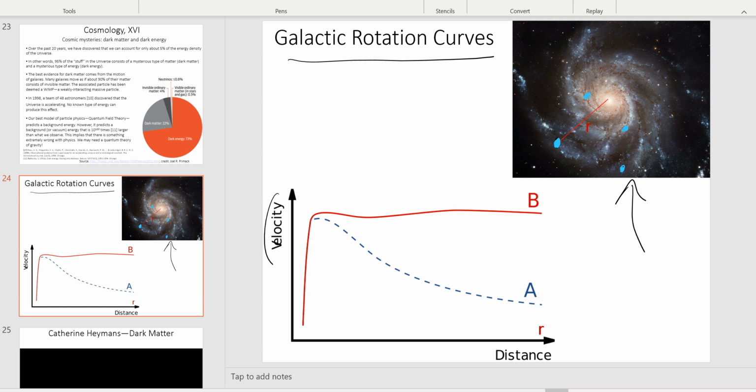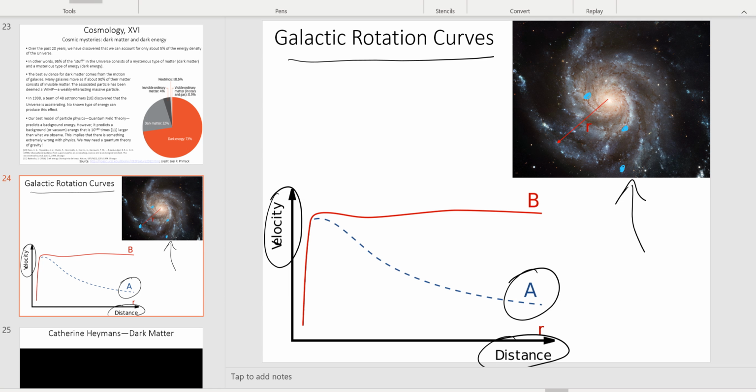This is a plot of the velocity of a star around the center of the galaxy versus its distance from the center of the galaxy. And if you were to predict what this curve should look like, you would get curve A. This is what we expect to find when we study galactic rotation curves.